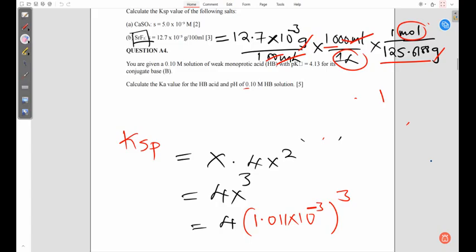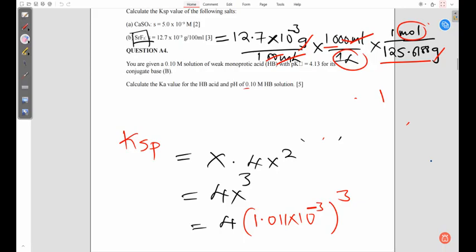1.011 times 10 to the power negative 3, and then that itself raised to the third power, multiplied by 4.